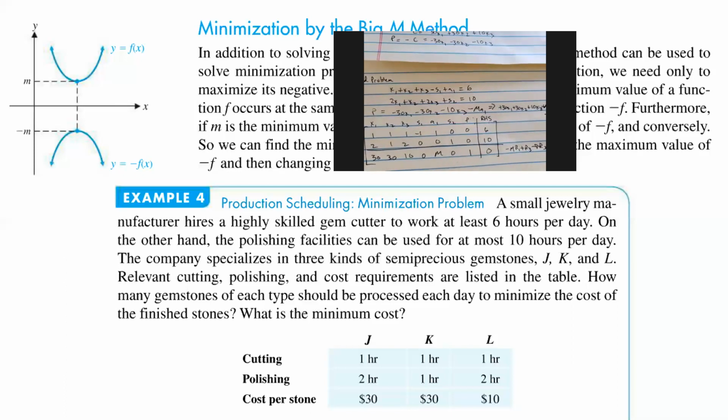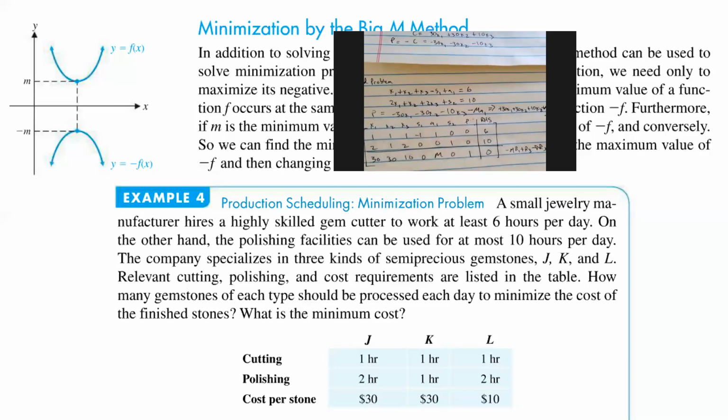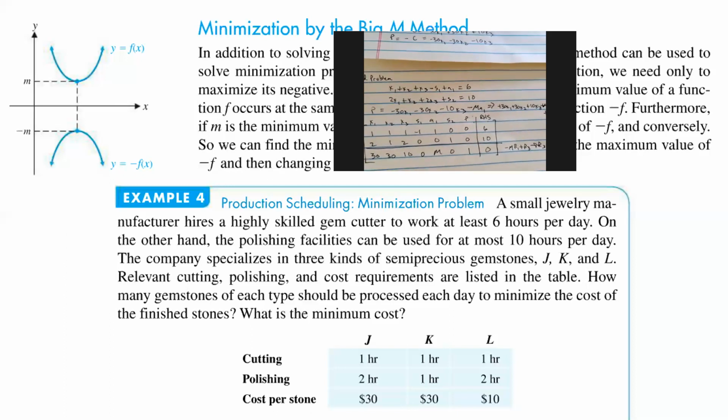So I'm going to take that because I want to get zeros above and below the artificial variable. So that way I can start with a basic feasible solution, okay? Now, negative M times 1 plus 30 gives me, all right, so before we do that, let's recopy our tableau down.